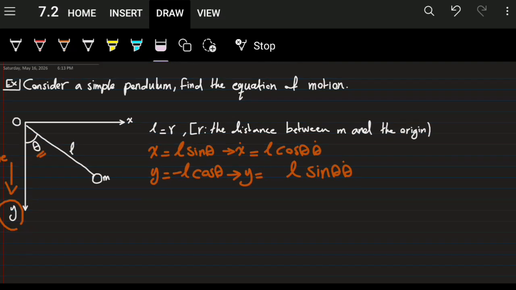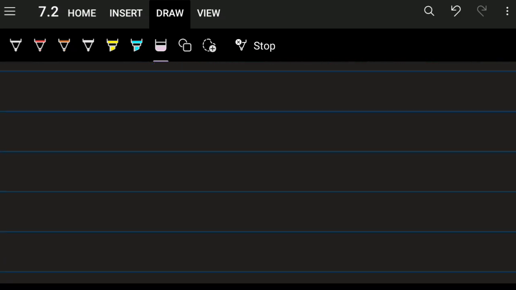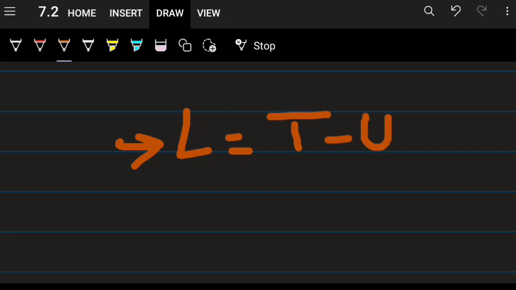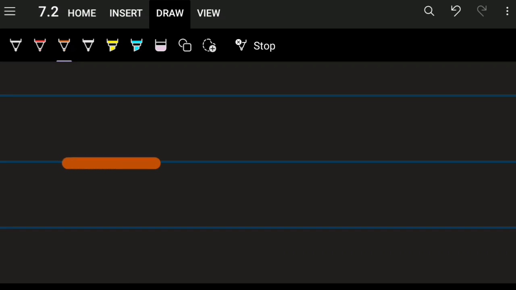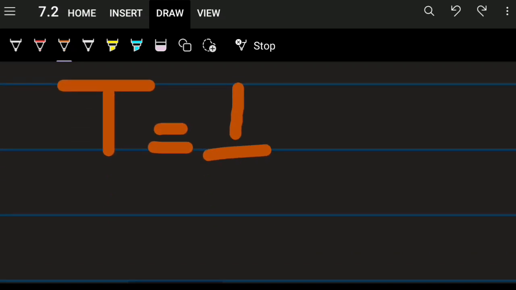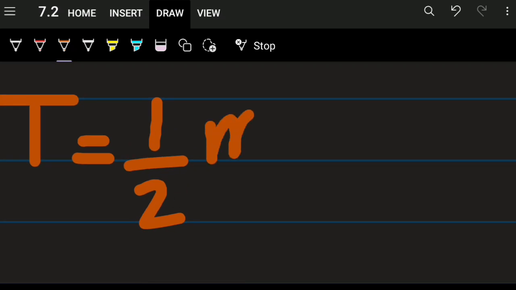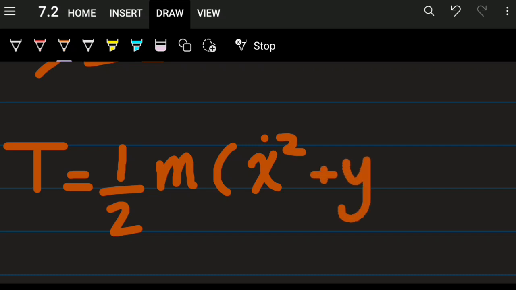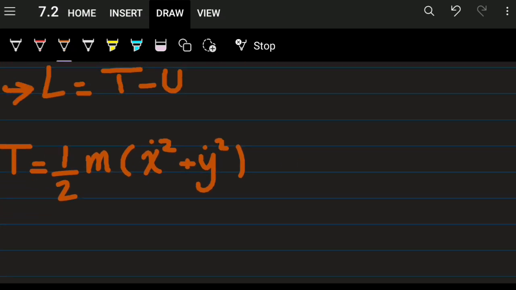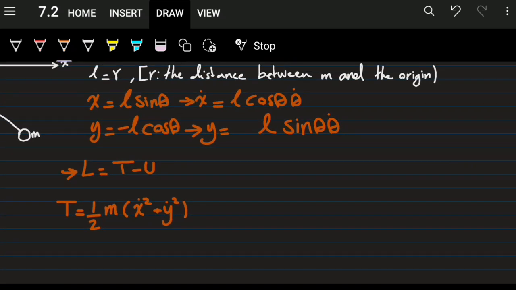What do we do now? To write the Lagrangian, we need to find the kinetic and potential energies. T is half m, and since the motion is in both x and y direction, it's x dot squared plus y dot squared. Substitute x dot and y dot.